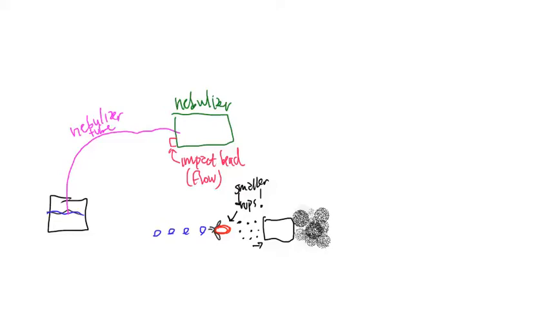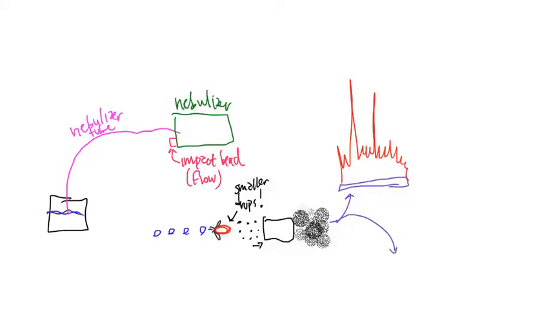Now here's the thing, and it kind of hurts my feelings sometimes, but after the nebulizer, this sample then goes into the burner head. And this is where my flame is going to be located. But not all of my sample goes into the flame. Some of it actually leaves.